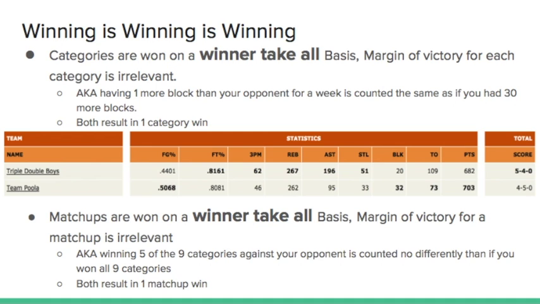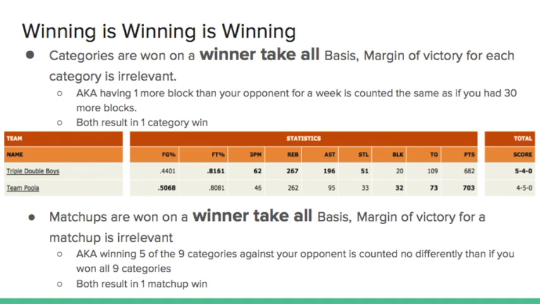In order to win one of the categories, it works sort of like the electoral college system, in which if you have 30 assists and your opponent's team only has 29, you receive the whole category as opposed to that one assist differential. So, let's say you win the assists category, points category, rebounds category, steals, and blocks.